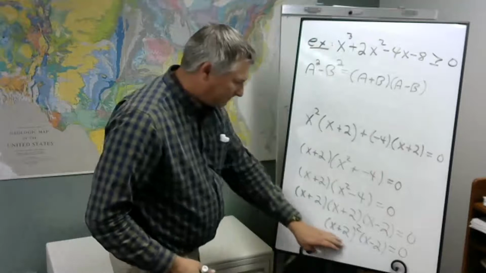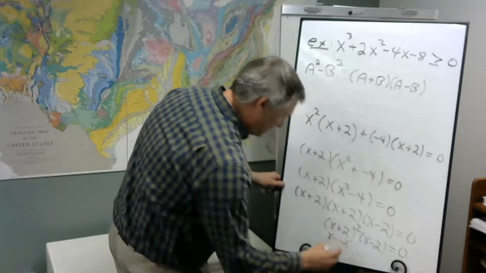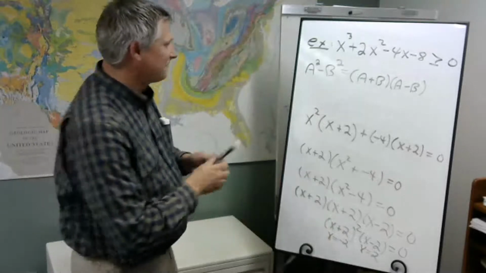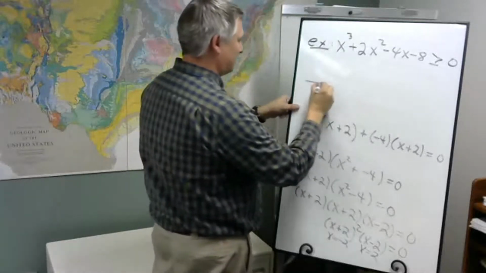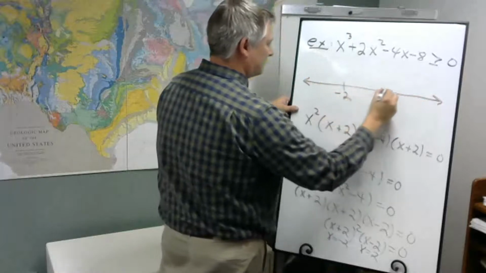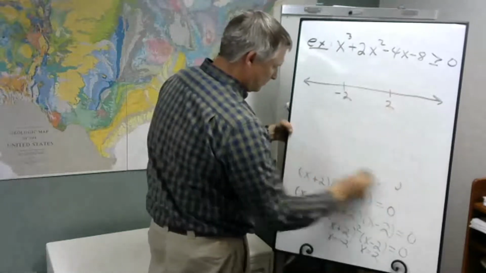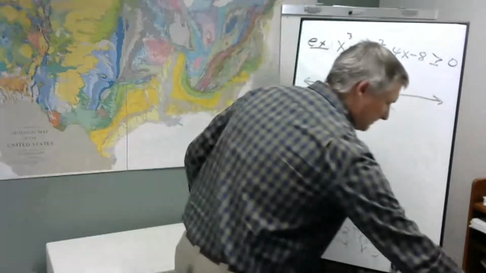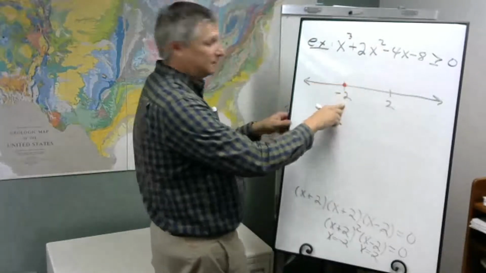So this will be 0 when x is -2. This will be 0 when x is 2. So we have an intercept at -2, and remember this one has a multiplicity of 2.